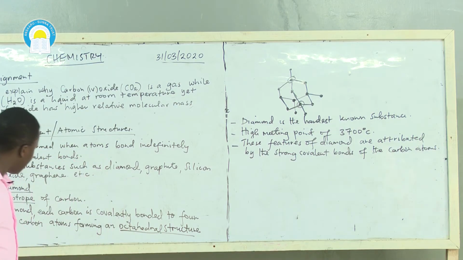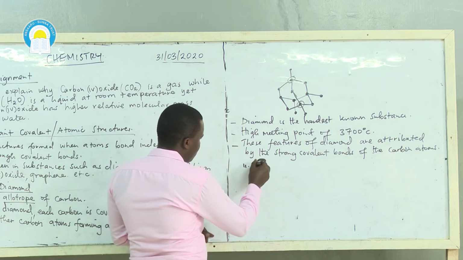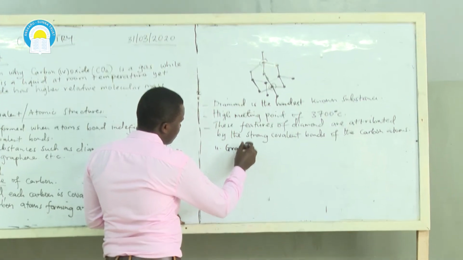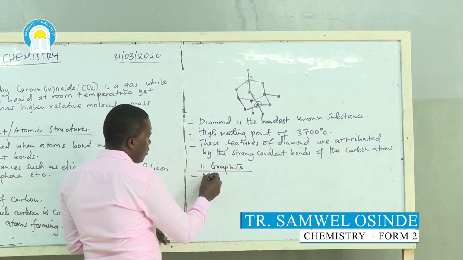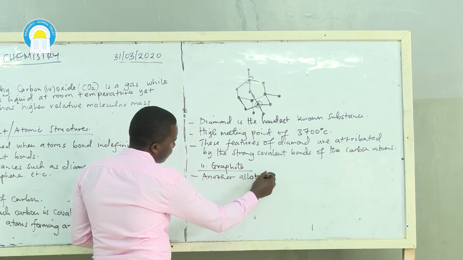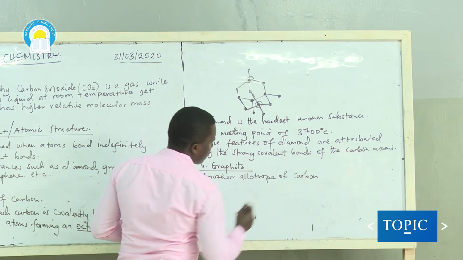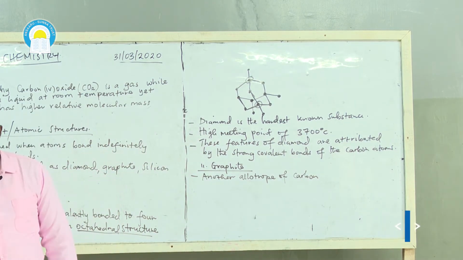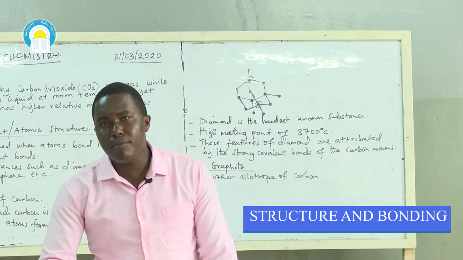Let us look at graphite. This was another allotrope of carbon. We want to look at how the graphite structure is different from the diamond structure.